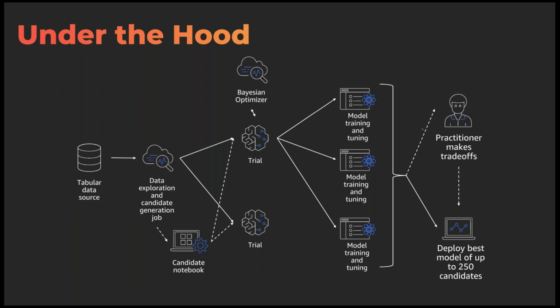And if you bypass that step, where you're generating the candidate notebooks, but also going beyond that, you can actually run multiple trials. So a trial is basically a collection of data acquisition, data prep, data cleansing, feature engineering, all these steps that I have talked about in the beginning. Basically, a trial is a collection of all those steps.